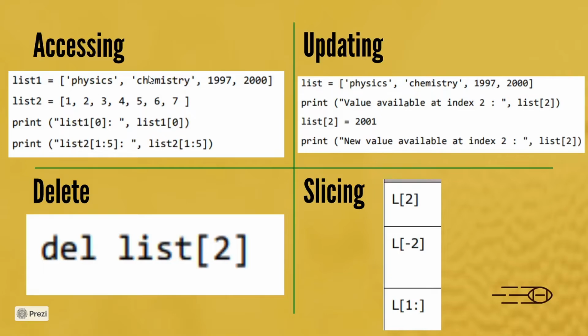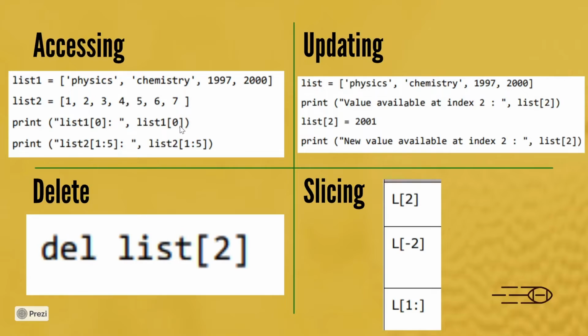The first thing that we do with a list is accessing the list. How do we access a list? For example, this list contains physics, chemistry, 1997 and 2000. If I want to access one particular item, say physics, from list1, I'll say list1[0] and print it, so it will print physics.